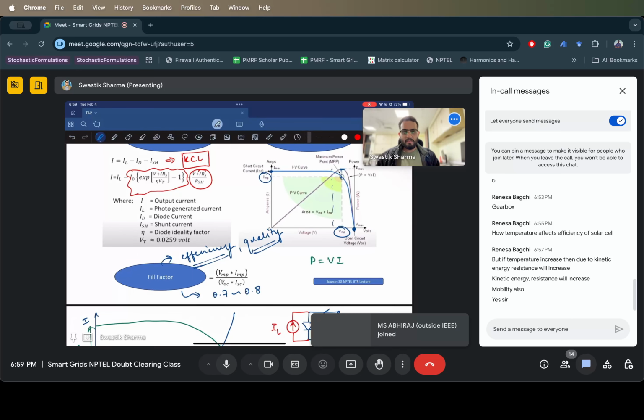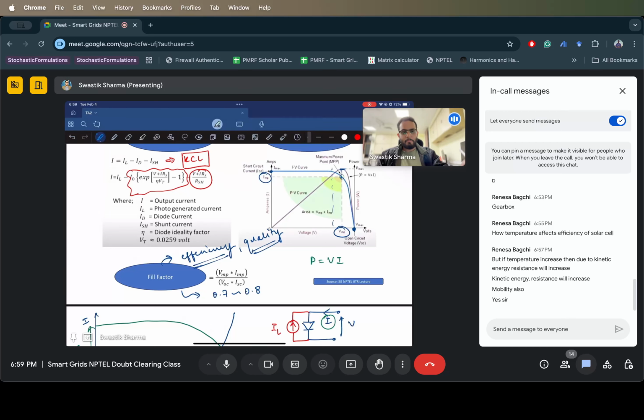So you can't say that because the kinetic energy increases, the electrons or the hole pairs will vibrate more, and because they are jumping the fence, that potential barrier, they will feel resistance because of the increase in vibration between each electron and hole pair. But that is up to a certain extent, after which it causes that effect, not below it.